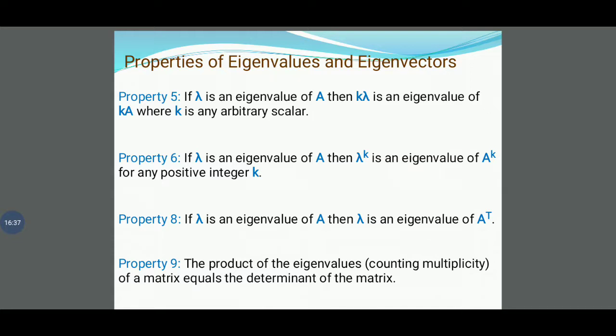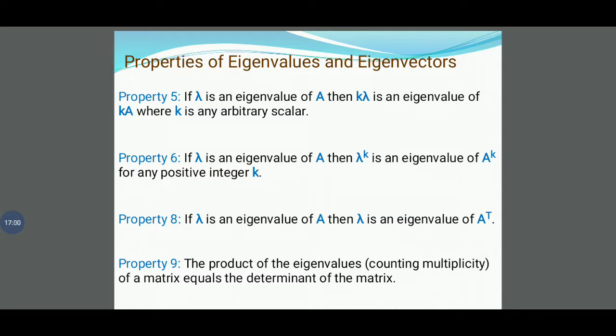Then its eigenvalues are k into 1, k into 2. Suppose 2 is our factor, then 2, 4 will be the eigenvalues of 2 into the given matrix. If you multiply some scalar k to the matrix, what will its eigenvalues be? Just multiply that k to the eigenvalues.